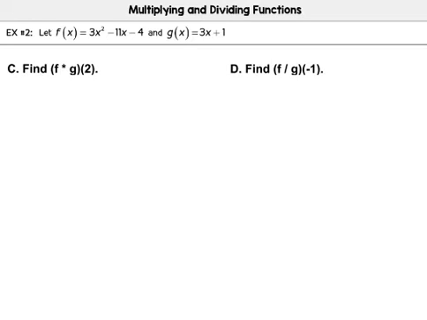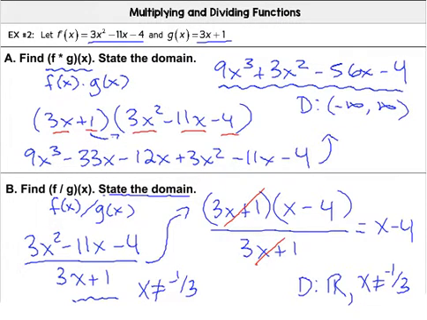For both of these new functions, I could then input some specific amount. If I wanted f times g of 2 or f divided by g of negative 1, I can go back a slide here. I'm going to grab my function that was created in this first one. It was the 9x cubed, etc., and I would plug my value for x in there.